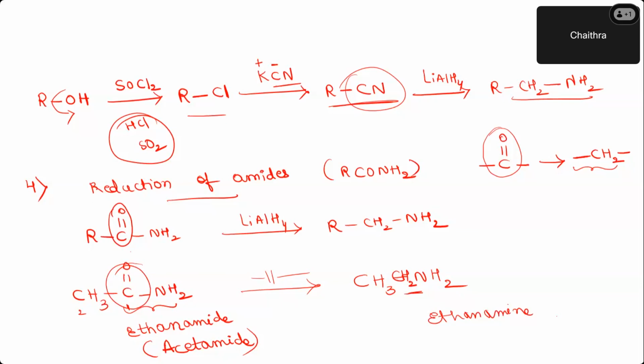Okay, so next, the fifth and sixth preparations are very, very important. So clearly understand. Next, it is also a named reaction: Hoffman's bromamide reaction, or you can also call it Hoffman's bromamide degradation.